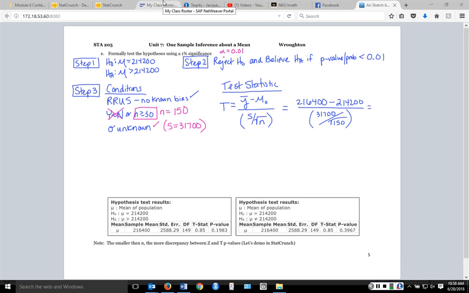Doing a little bit of an in-between step here, that ends up being 2,200 over 2588.29. And then after completing all of that, I get a t of 0.85.